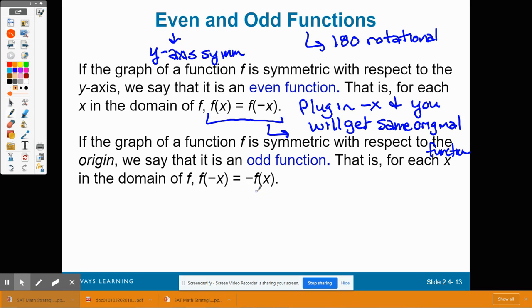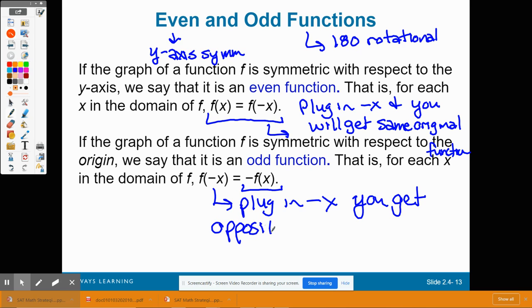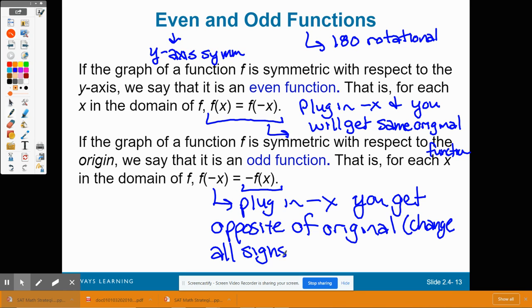What this says for origin is if you plug in negative x, you don't get the same old original function. You get the opposite of the original function, or change all the signs. Okay, and that's because, think about it, for the evens, remember this guy is an even one.